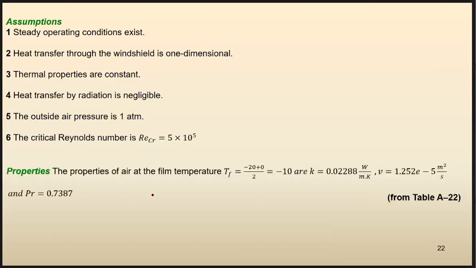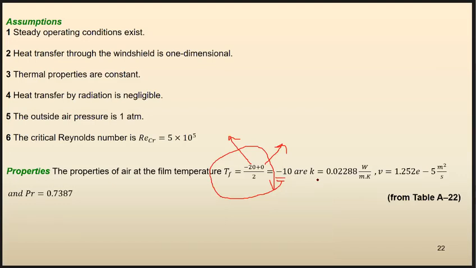You need to read the properties. When you want to read the properties, you go to the tables at the end of the book. And for air, you need to look at some average temperature that is called the film temperature. The temperature of the outer surface of the windshield, that is 0 degrees Celsius, plus the temperature of the outside air, divided by 2, gives -10 degrees Celsius.